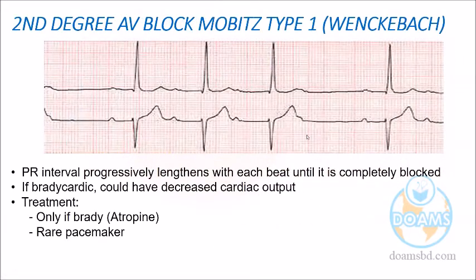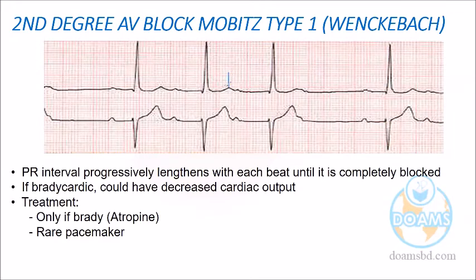Okay. Please, again, I encourage you to raise your hand if you want to know. Then the second degree AV block is divided into Mobitz type 1 and Mobitz type 2. The Mobitz type 1 is called the Wenckebach phenomenon. So if you look at the PR interval here, this is the T, this is the P, this is the T, this is the P. I think I can make a mark here.